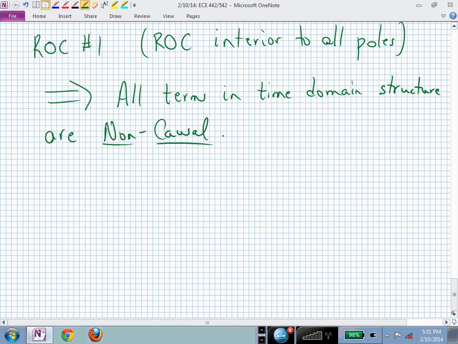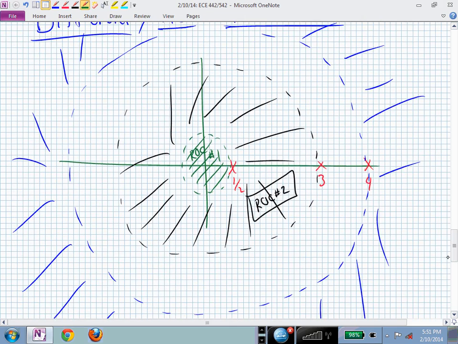Now we can say that our structure of the waveform, and I'll call the waveform f sub 1 of n, is going to have a factor that I raise 1/2 to the n. I'm also going to have a mode that is 3 raised to the n, and I also have a 4 raised to the n.